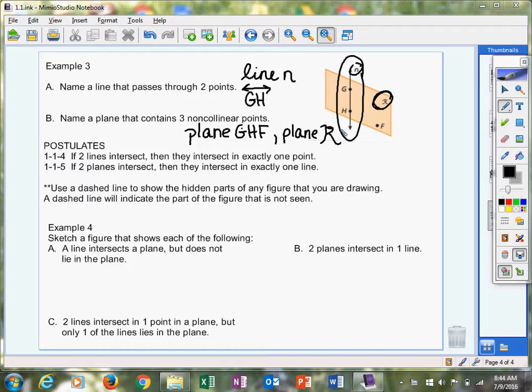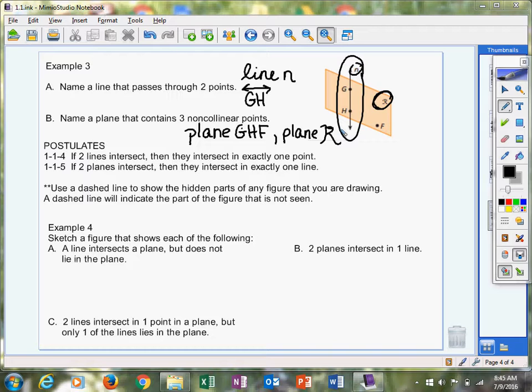So the postulates that this time you're going to put into your electronic notebook or do your note cards or both is this. You've got 1-1-4, and what it says is if two lines intersect, then they intersect in exactly one point. Now this has an algebra tie-in.